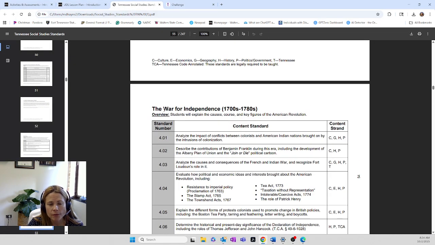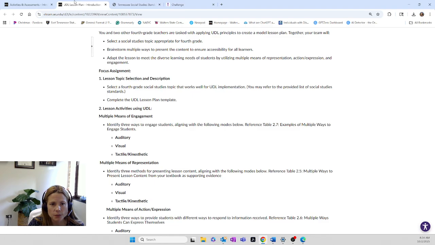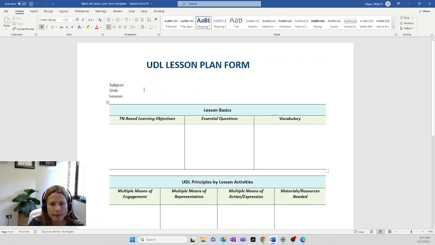So a unit would be, for instance, say you wanted to analyze the causes and consequences of the French and Indian War and recognize Fort Loudoun's role in it. Okay, so that would be the standard you'd cover. The topic would be the War for Independence, right? So that's what you would put here.